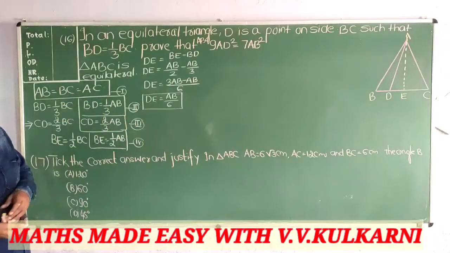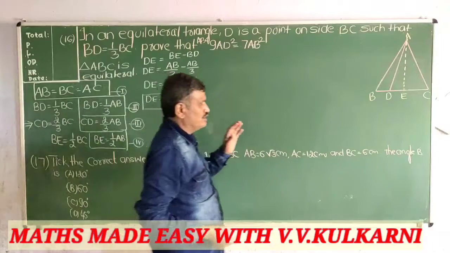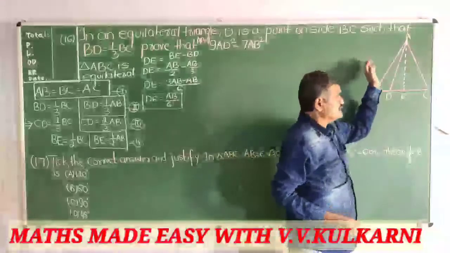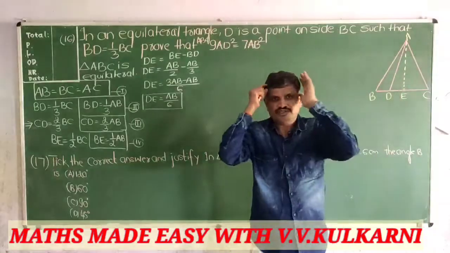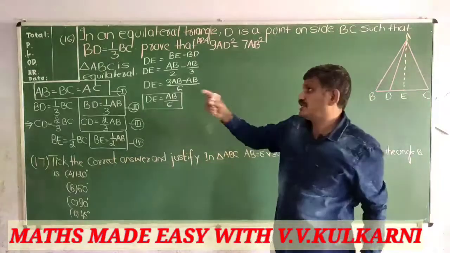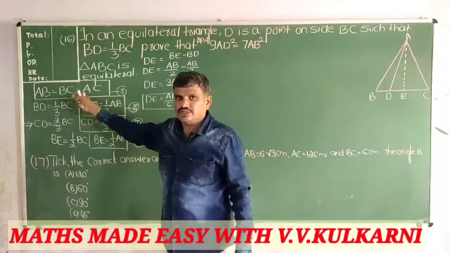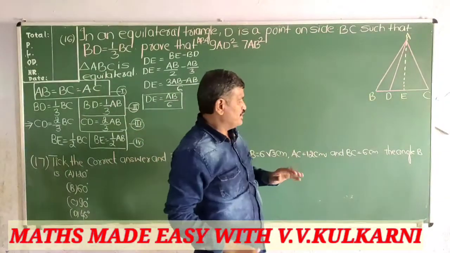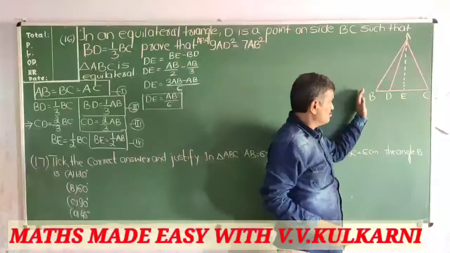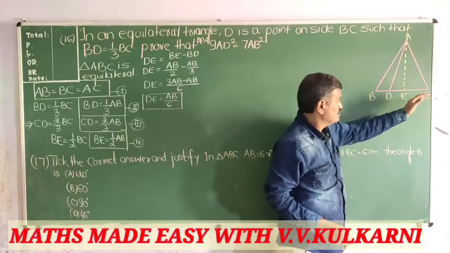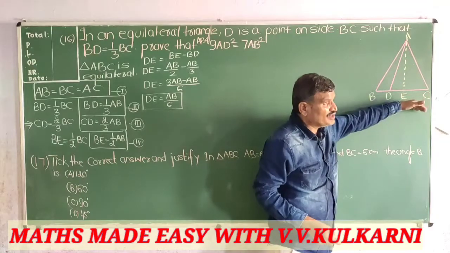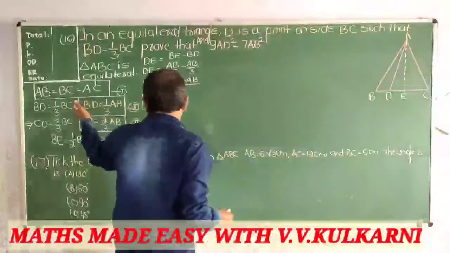Yes, I'll come to the point. First, what did I do? Try to understand. See, ABC is an equilateral triangle. First step is, if ABC is an equilateral triangle, all the three sides are equal. Second step, if you say that BD is 1/3 of BC, then I say that it is 1/3 of AB.